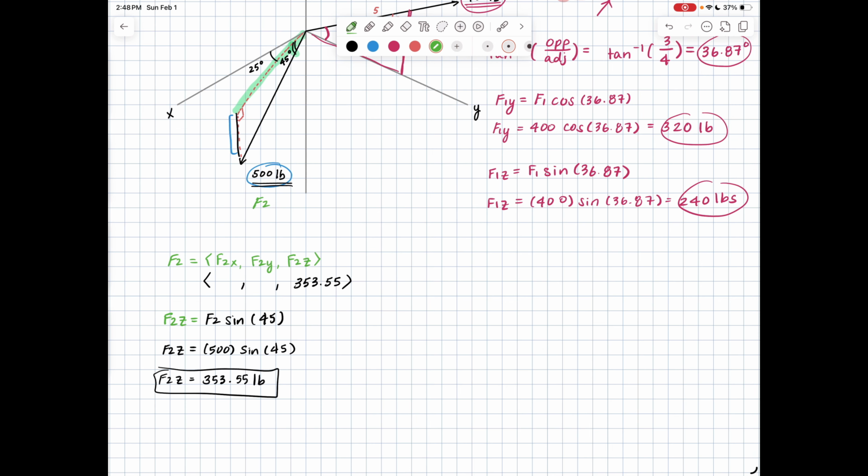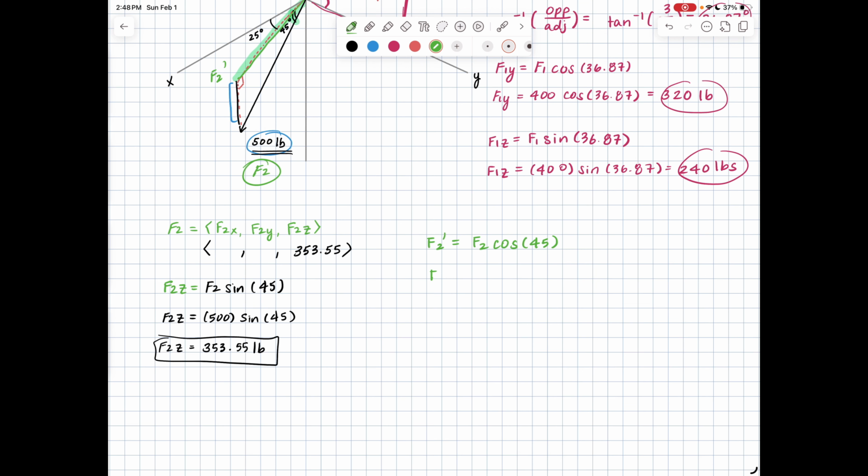So I'm going to call this line over here to the xy plane F2 prime. So F2 prime equals F2 times, because we're dealing with F2, times the adjacent side, so that's going to be cosine of 45.